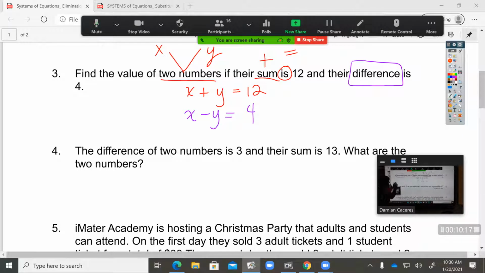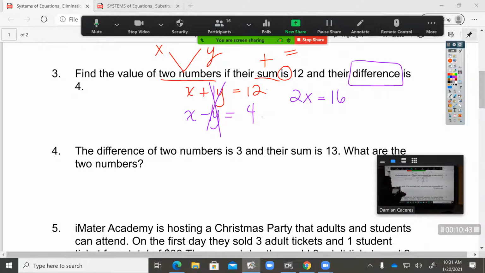Now, in this case, you don't have to multiply any equation by anything because already we know that 1y minus 1y eliminates. So we can already go to step 2, combine these equations. X and x is 2x. 12 and 4 is 16.